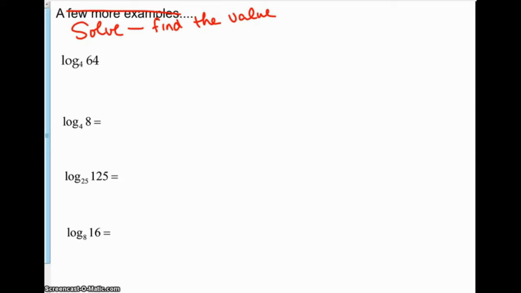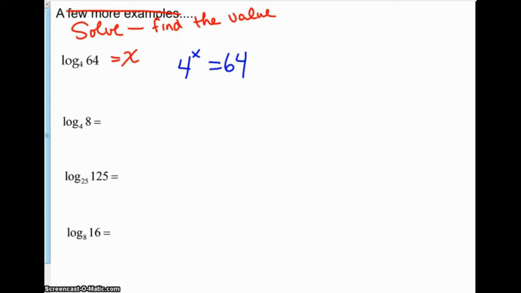With this one, I say to myself, it equals x. Log base 4 of 64 equals x. I first put it into exponential form, so 4 would be raised to the x power, and that would equal 64.